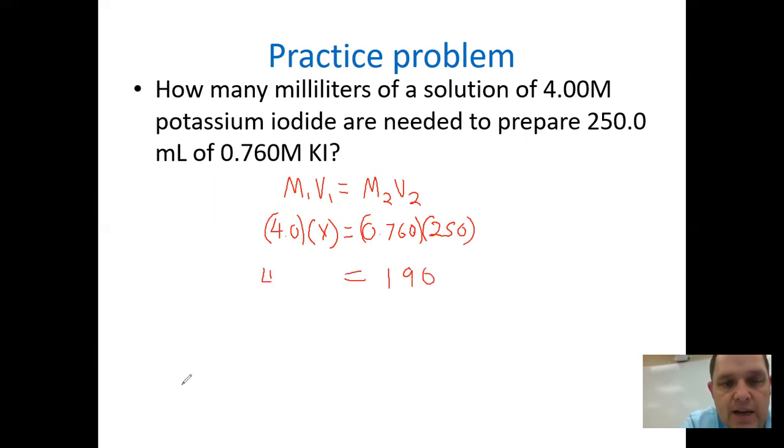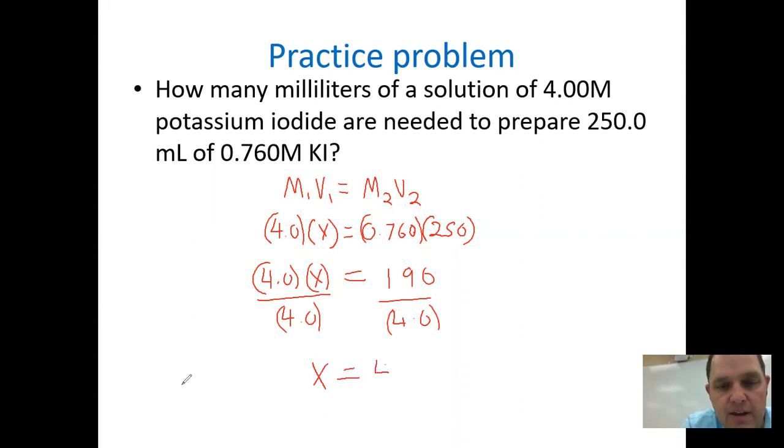And over on the left side, we still have our 4.0 and X. Now, to get X by itself, we're going to divide by 4.0 on each side. And that gives us X, or how many milliliters? That gives us 47.5 milliliters.